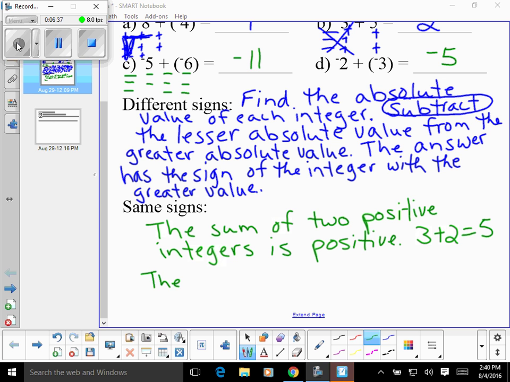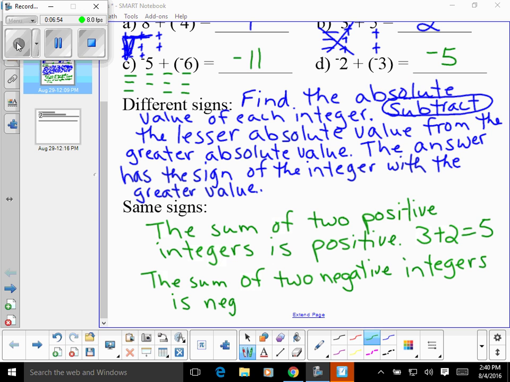Now, here's the different one, though, because we're working with integers. The sum of two negative integers is going to be negative. Okay, and we just did 2 examples like that in C or D.